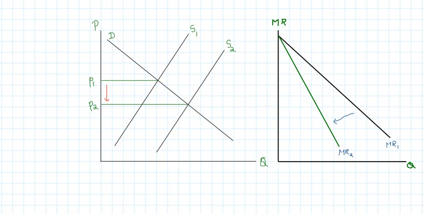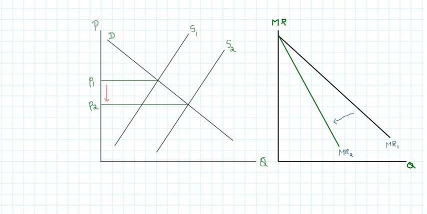Now when coming back to this diagram, when supply curve is shifting from S1 to S2, and price is falling consequently from P1 to P2, there would also be a fall in MR. So the original MR was calculated on the basis of P1. The new MR would be calculated on the basis of P2. So MR would shift inside, it will shift towards the left.